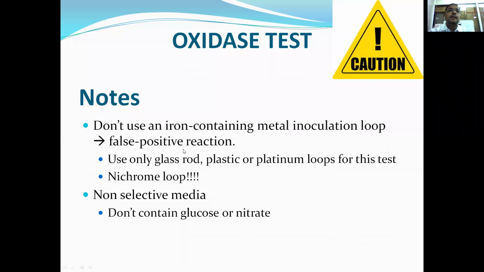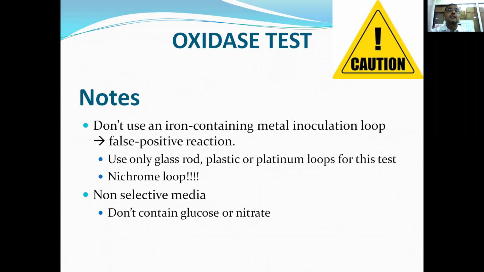Nowadays, even though we say it is a platinum loop, they are made of nichrome. So whatever loop we are utilizing in the laboratory may not be a platinum loop, even though we call it a platinum loop. They might be made of nichrome, and nichrome contains some sort of iron. So such a loop might give a false positive result. Before performing this, you should ensure whether it is a platinum loop or a nichrome loop.